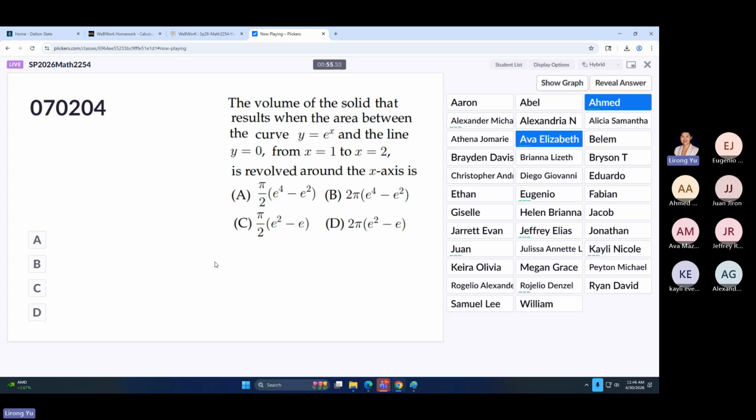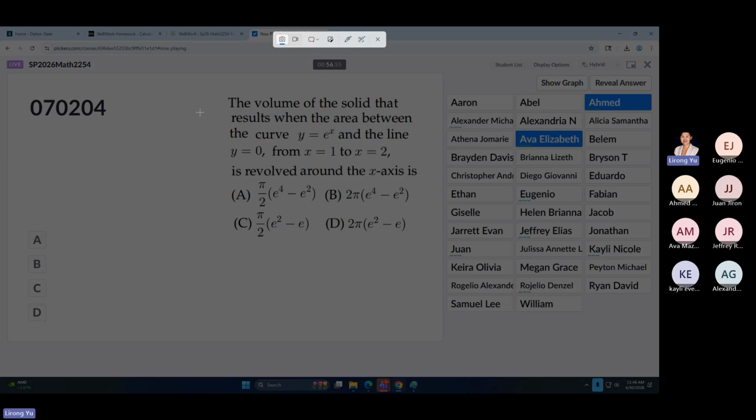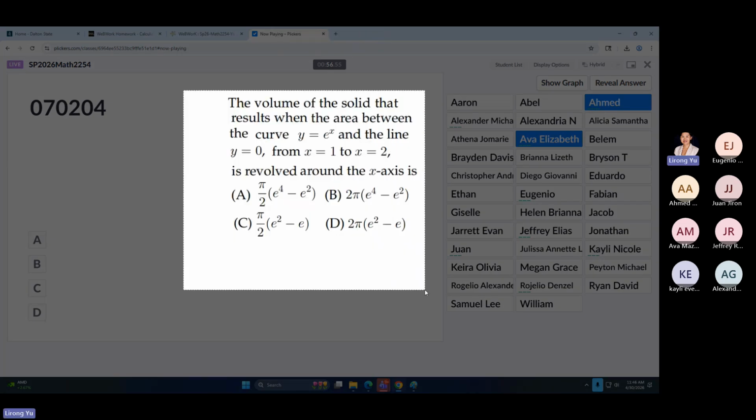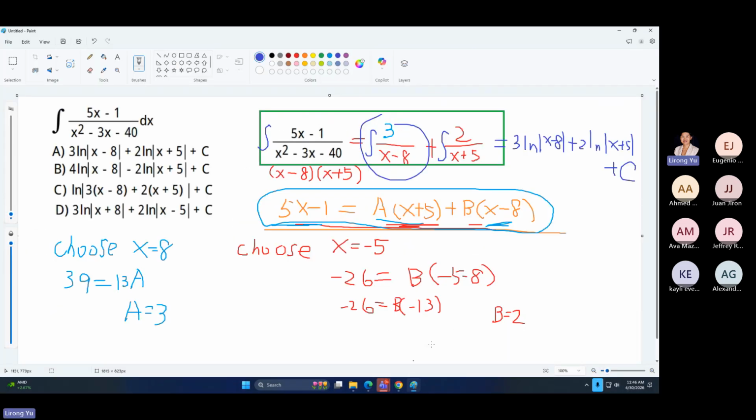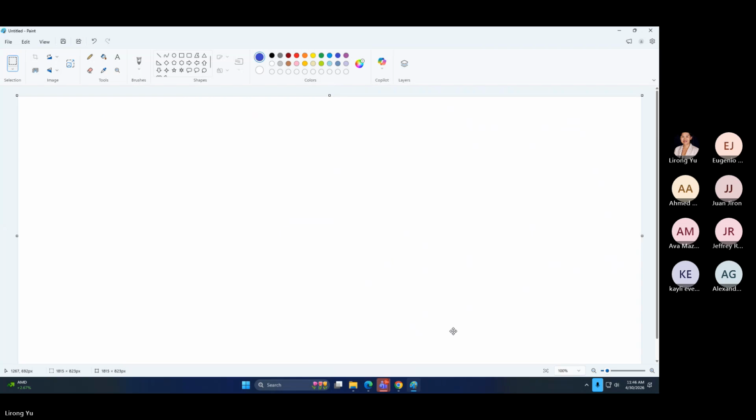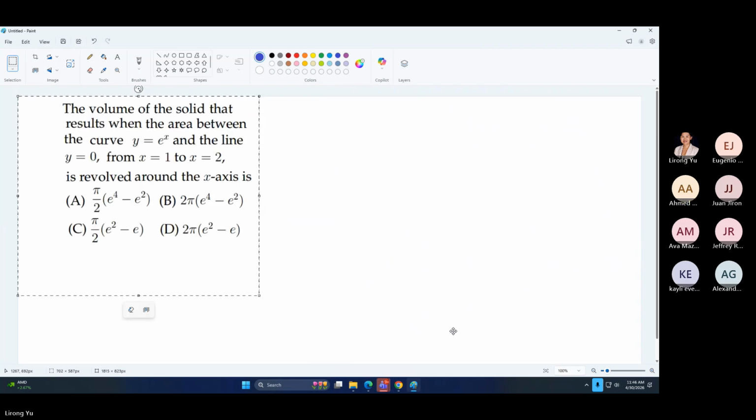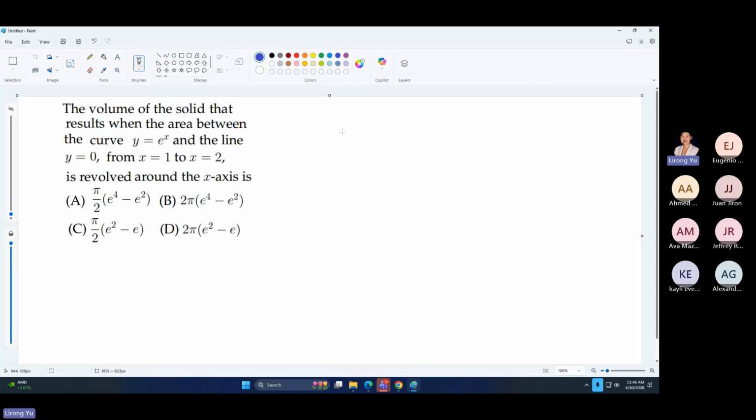I would start by graphing the picture of the region that we're revolving. So the curve that we have is y equal e to the x.